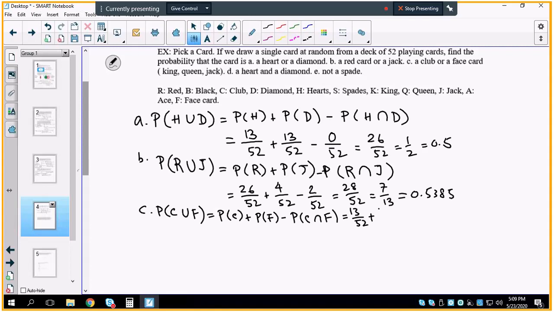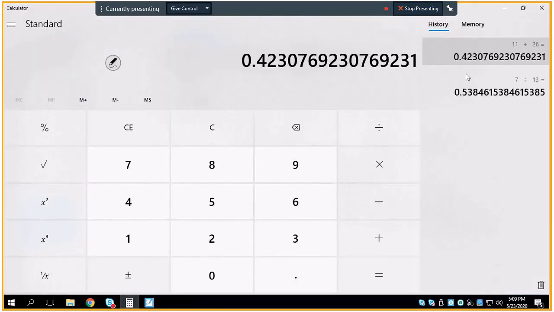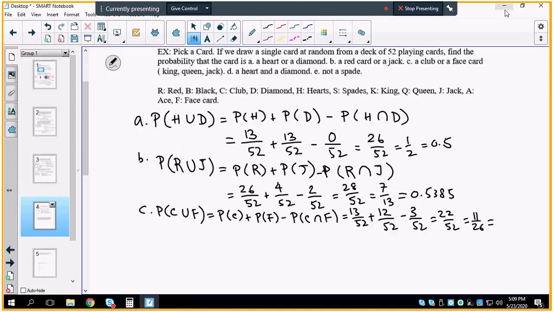So 4 times 3, 12 of them. 12 over 52 minus how many club face cards are there? Well, club king, club queen, and club jack. So there are exactly 3 of them, so it's 3 over 52. So I get 25 minus 3, which is 22 over 52, and that's 11 over 26. So let's see how much 4 decimal places it's going to look like. 0.4231 is your answer.